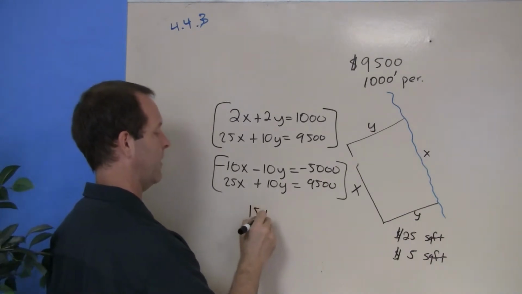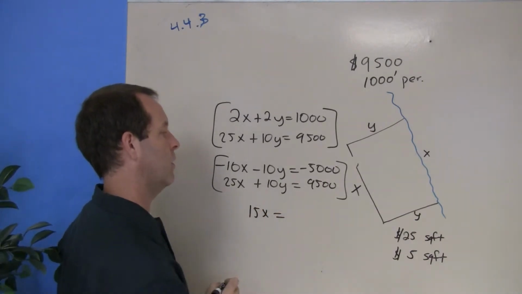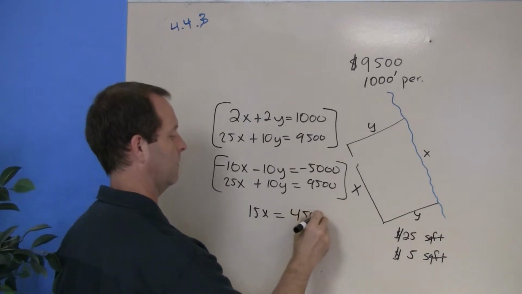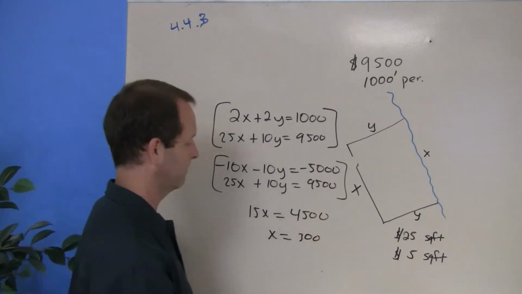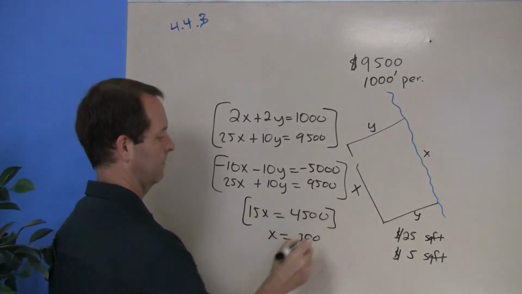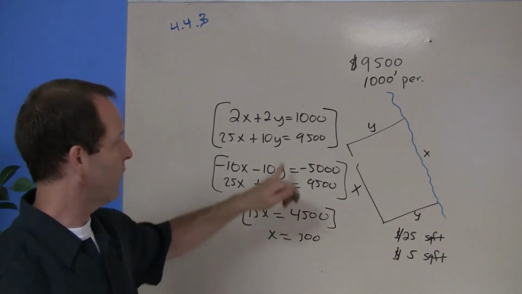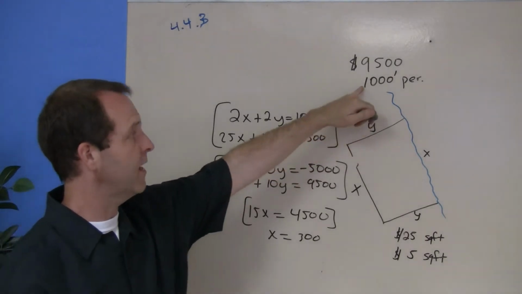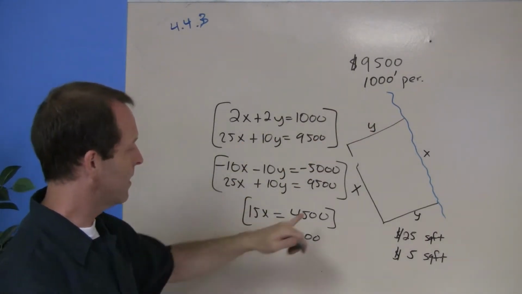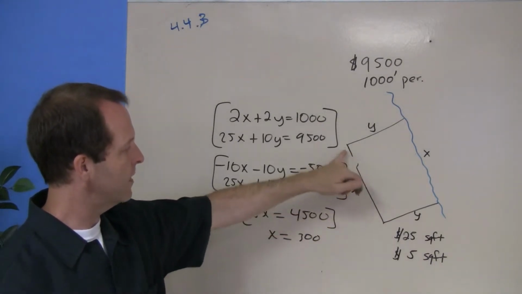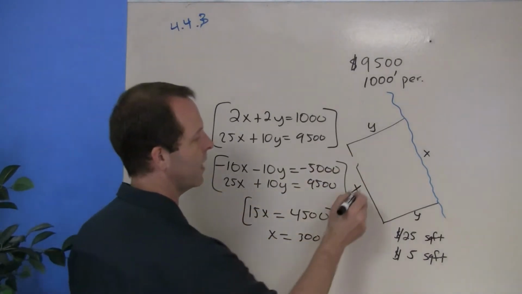I'm left with 15X equals 4,500, and then X appears to be 300. So for this criteria, 1,000 feet of perimeter and a $9,500 budget, the front of my property is 300.